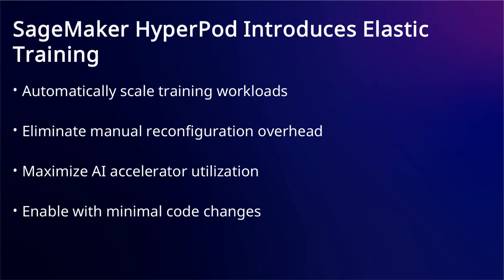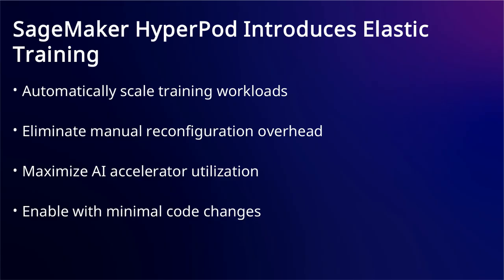Training foundation models on fixed resources often leads to inefficient use of compute and requires manual reconfiguration when availability changes. SageMaker HyperPod's new elastic training feature addresses this by automatically scaling workloads based on resource availability.